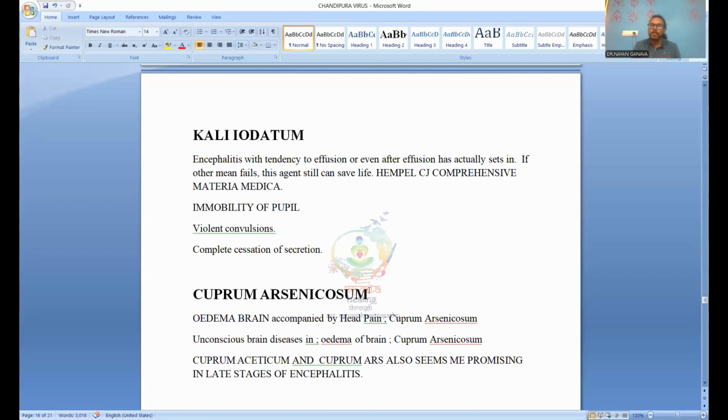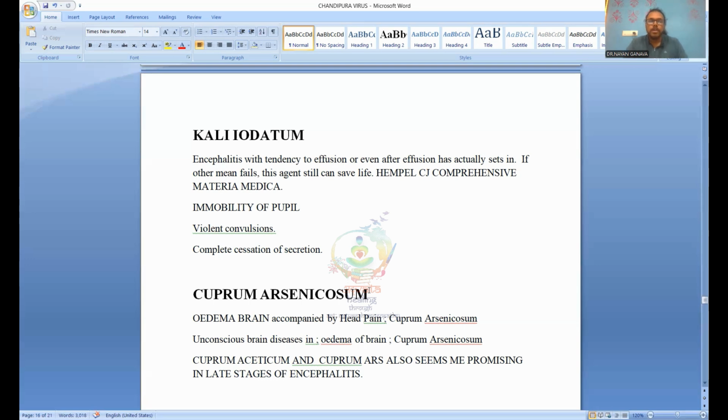So just see how our old masters have written in their materia medica: encephalitis with tendency to effusion or even after effusion has actually set in. And if other means fail, these agents still can save life. See how confidently they have written. So how much this can help us in treating patients suffering from encephalitis or meningitis or any sorts of viral encephalitis.